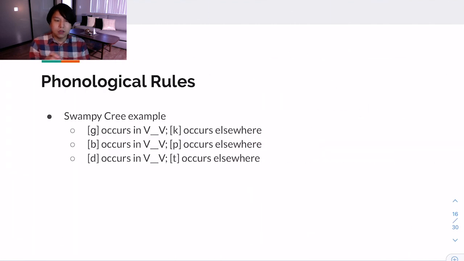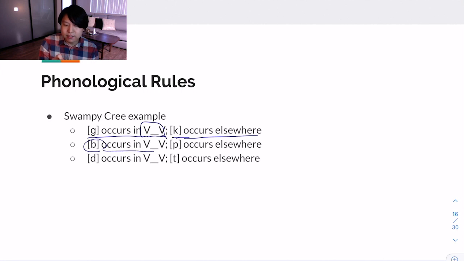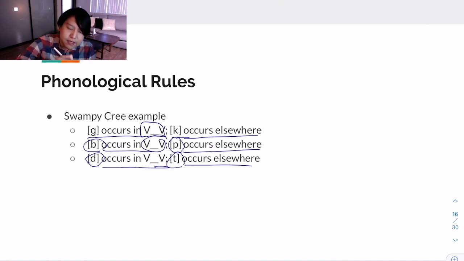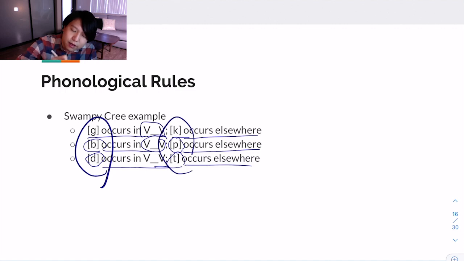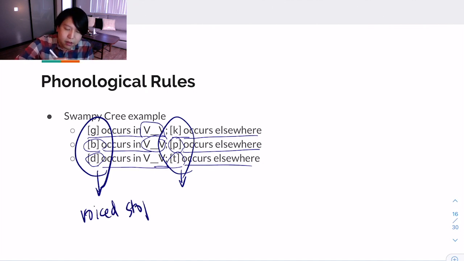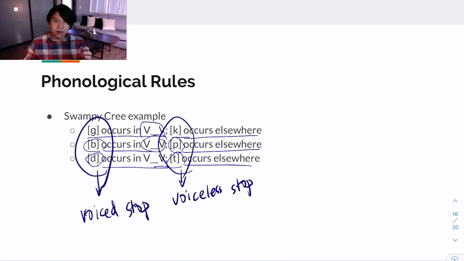So ga occurs in intervocalic, ka occurs elsewhere, ba occurs in intervocalic, pa occurs elsewhere, da occurs in intervocalic, ta occurs elsewhere. And you can see all these three pairs can be categorized into a natural class, voiced stop and voiceless stop. So this is why a natural class is important in our phonological analysis.